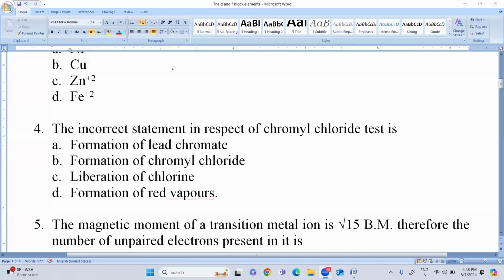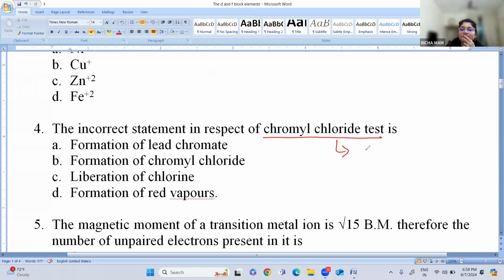It is a confirmation test for chlorine, for the presence of chloride ion, in the qualitative inorganic analysis, in your salt analysis.